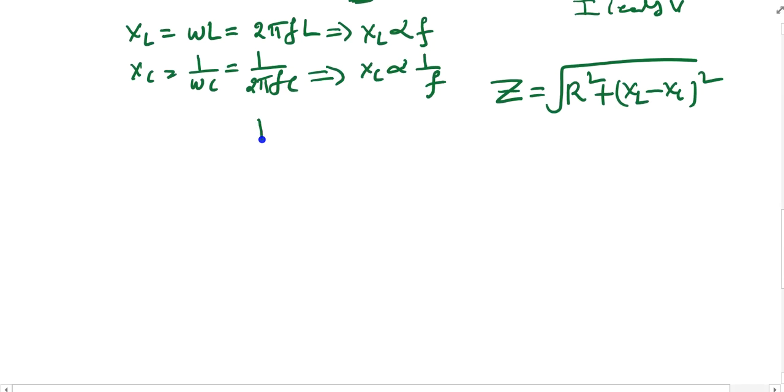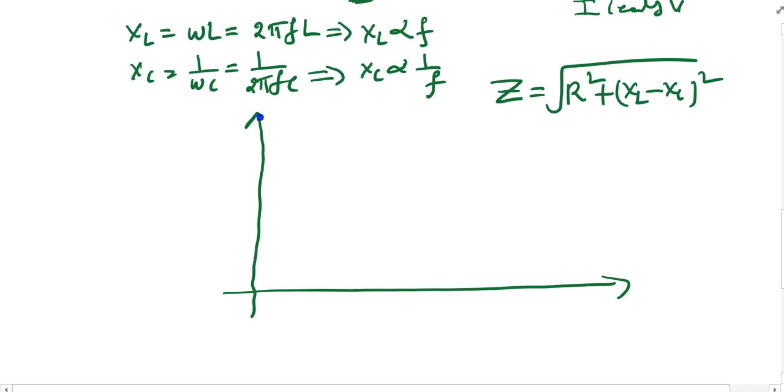Suppose I want to draw this impedance diagram versus the frequency variation. If I increase the frequency, what could be my inductive reactance? That is the point I want to talk about here.